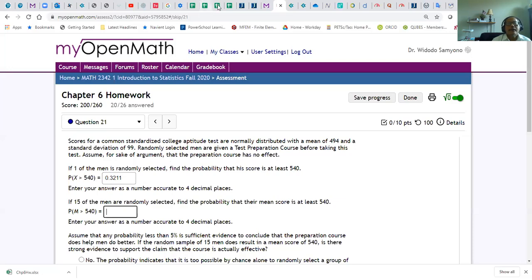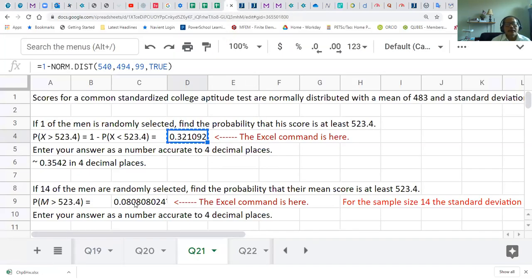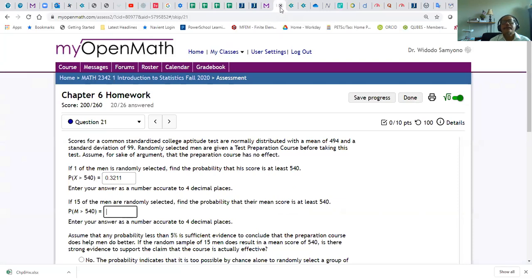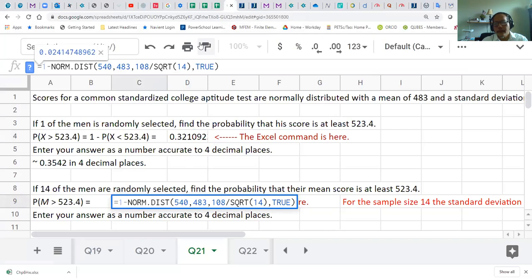And for this one, yeah, the same thing, you need to subtract from 1, but there's one more thing that you need to put here, which is divided by the number. 540, the mean is 494, the standard deviation is 99.